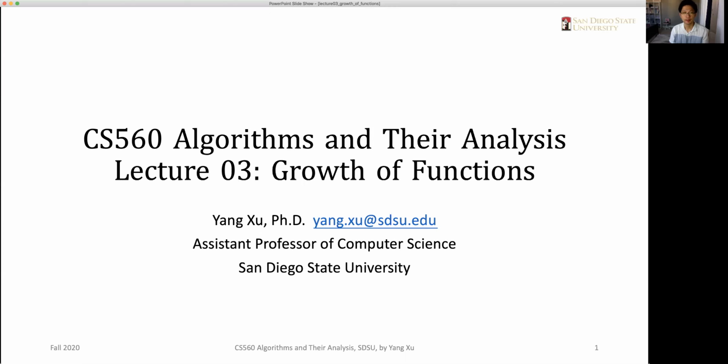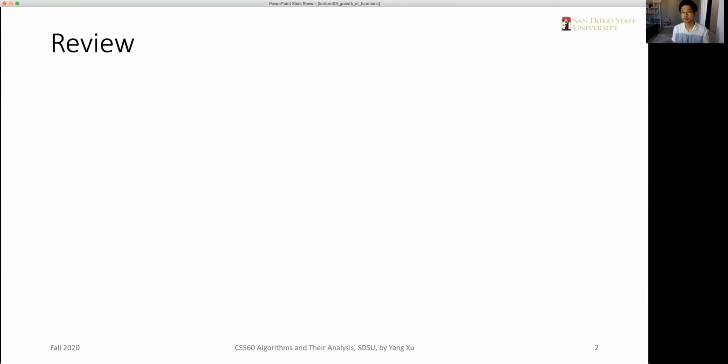So today we're gonna begin an important topic, which is about the growth of functions. As a brief review of the previous contents, when we describe the running time for sorting algorithms, we talked about two sorting algorithms, the insertion sort and the merge sort.